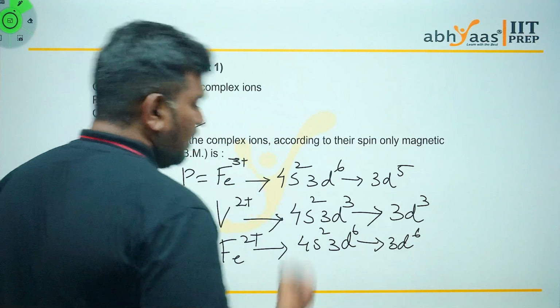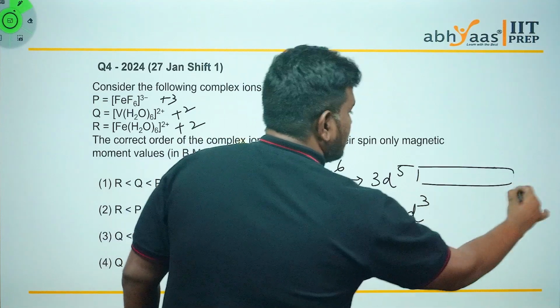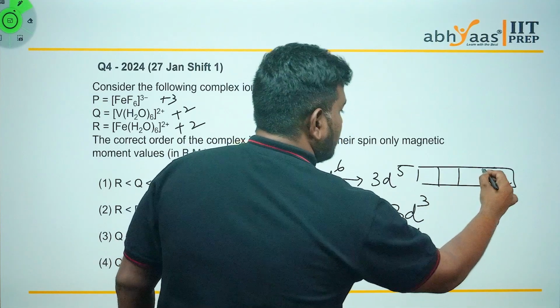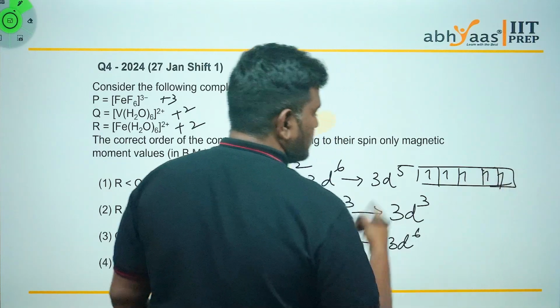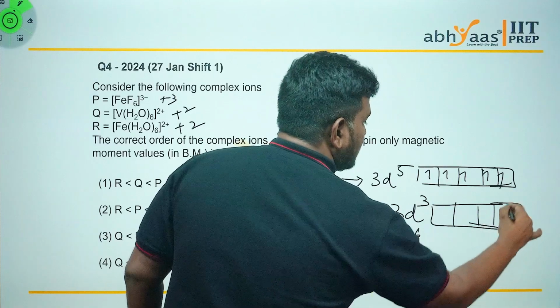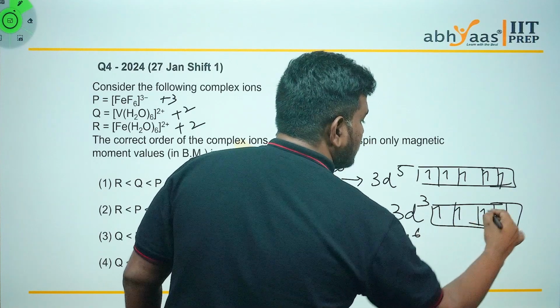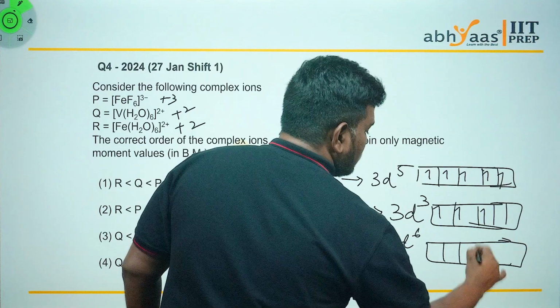Now you see how many unpaired electrons are there. Here you know that 5 orbitals are there, and there will be 5 unpaired electrons because it is 3d5. Here how many unpaired electrons will be there? 1, 2, 3. And here, 1, 2, 3, 4, 5.